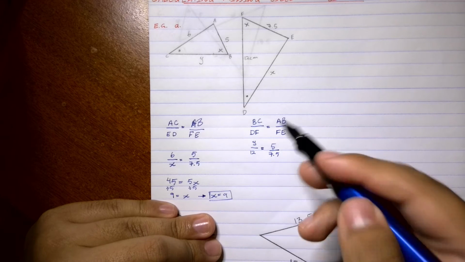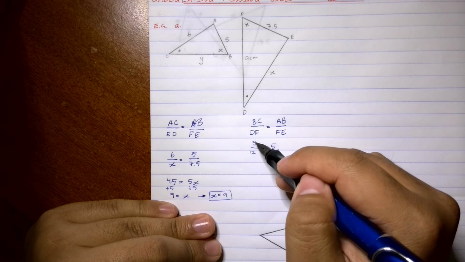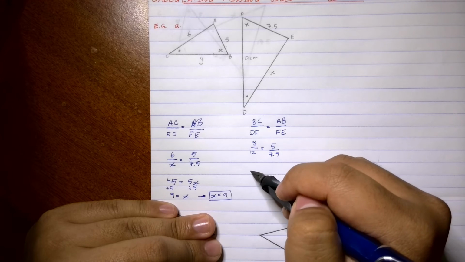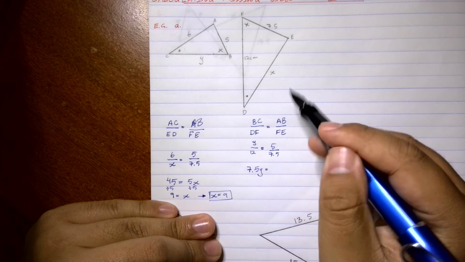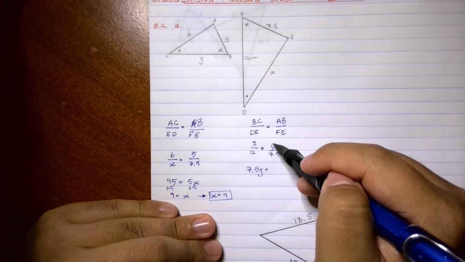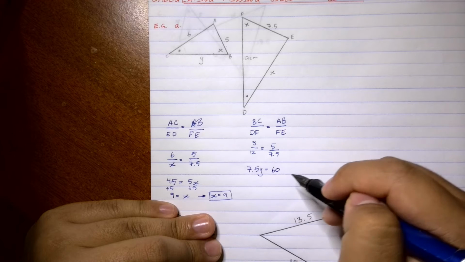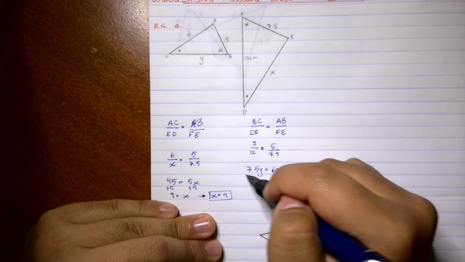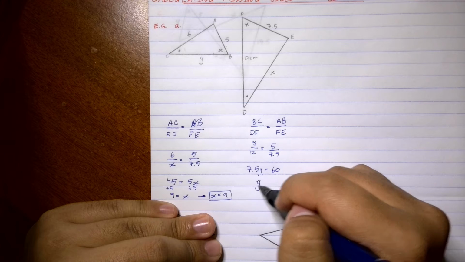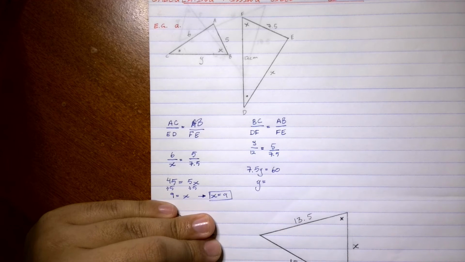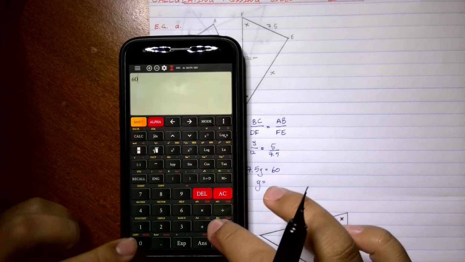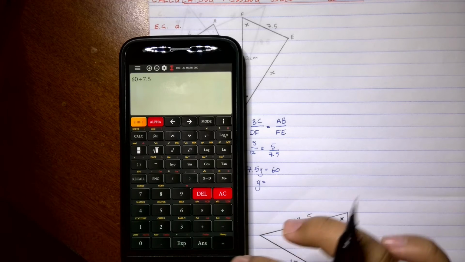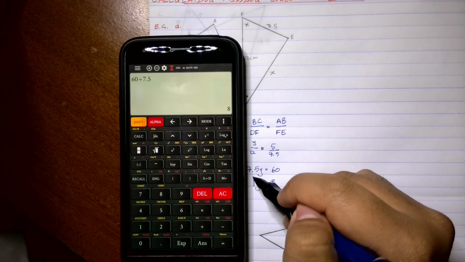Cross multiplying again, y times 7.5, we get 7.5y is equal to 5 times 12 is 60. Dividing both sides by 7.5, we get y is equal to this. I actually cannot calculate in my mind. Let's just grab a calculator. 60 divided by 7.5 gives us 8.